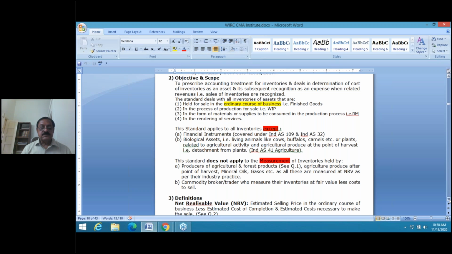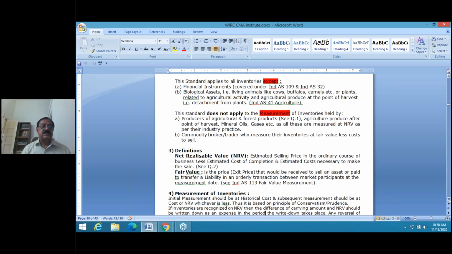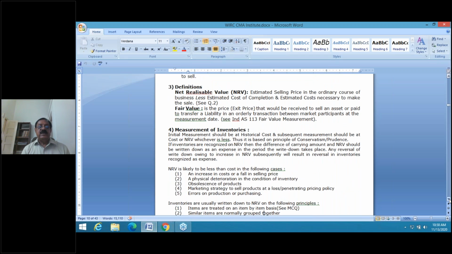Okay, now go to some definitions. Net realizable value, NRV: estimated selling price in the ordinary course of business less estimated cost of completion and estimated cost necessary to make the sale. Okay, friends, so this NRV is, I think, quite familiar from your costing.